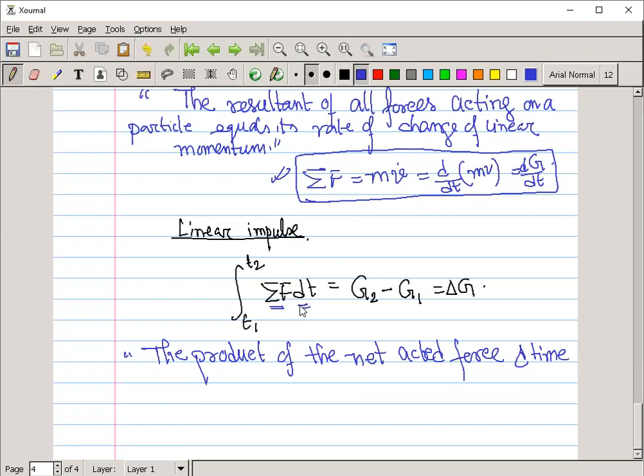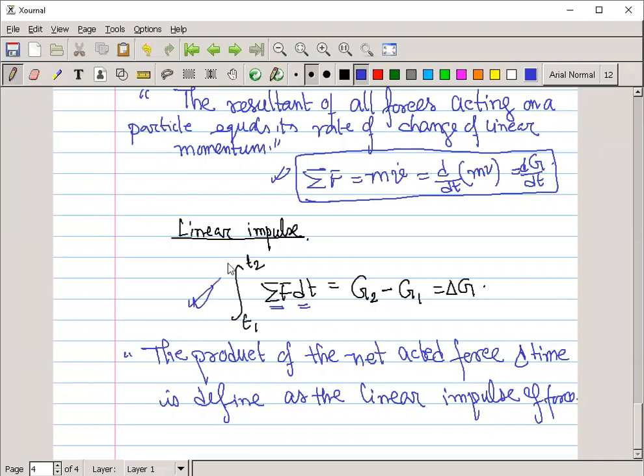Net acted force and time is defined as the linear impulse of force. It means in this equation that the total linear impulse on mass m equals the corresponding change in the linear momentum.